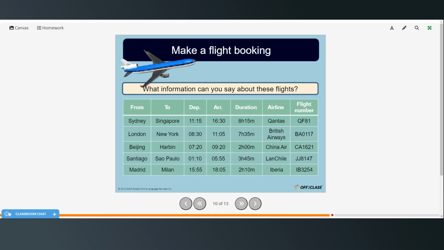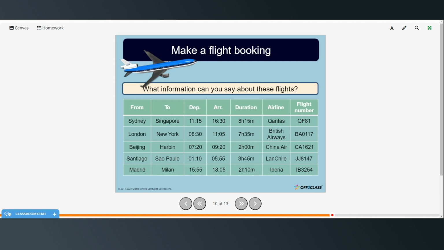Next, there's a flight from Beijing to Harbin, leaves Beijing at 7:20, arrives at Harbin at 9:20. The duration is 2 hours. The airline is China Air. The flight number is CA1621. Then we have a flight from Santiago to Sao Paulo. It leaves Santiago at 1:10, arrives in Sao Paulo at 5:55. The flight is 3 hours and 45 minutes.